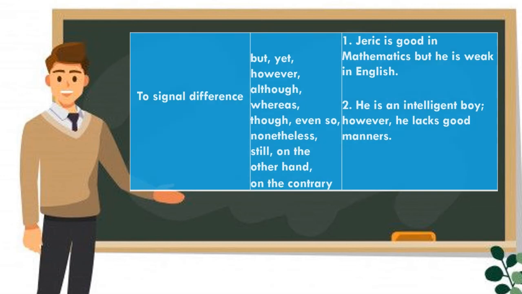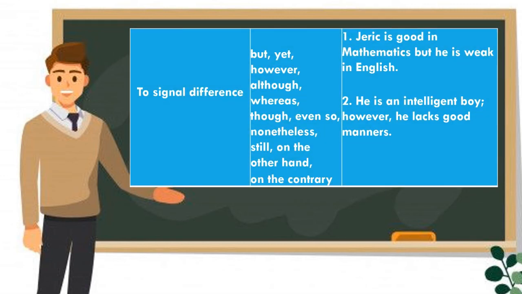To signal difference. Examples: but, yet, however, although, whereas, though, even so, nonetheless, still, on the other hand, on the contrary.